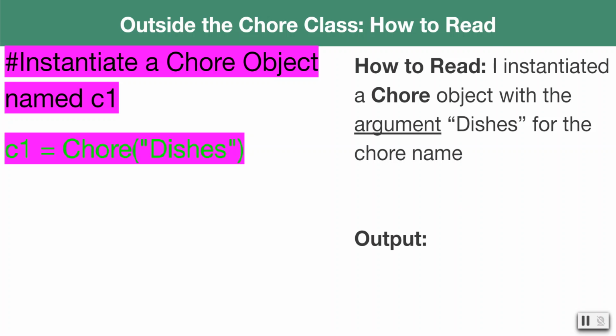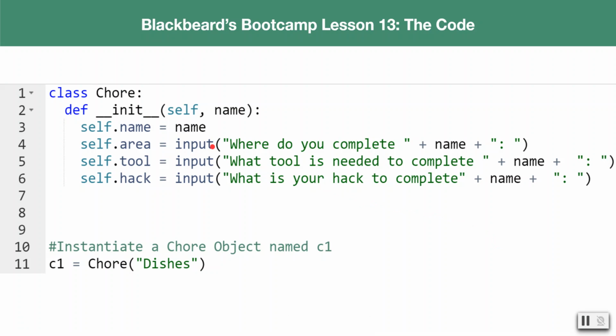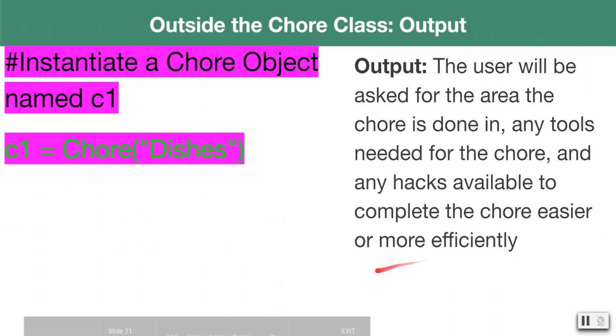And then when we talk about output, remember what the initial code looked like? It's actually a bunch of inputs for all the other parameters that we're going to be needing. So for our output, the user will be asked for the area the chore is done in, any tools needed for the chore, and any hacks available to complete the chore easier or more efficiently.